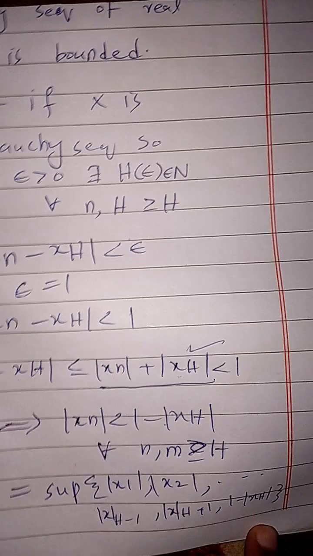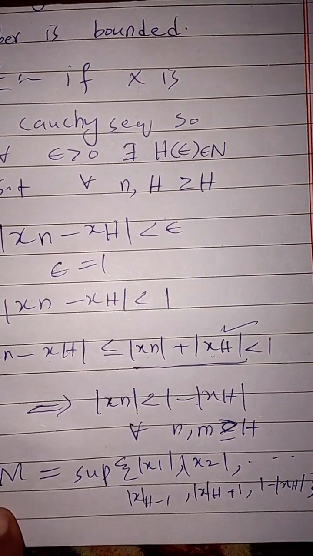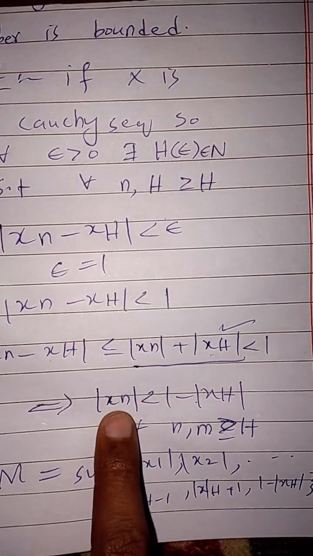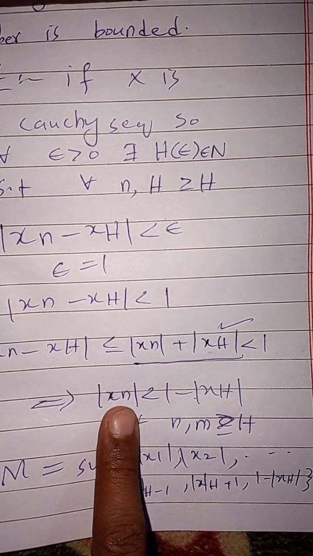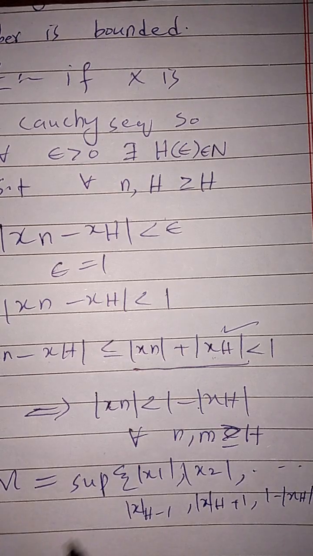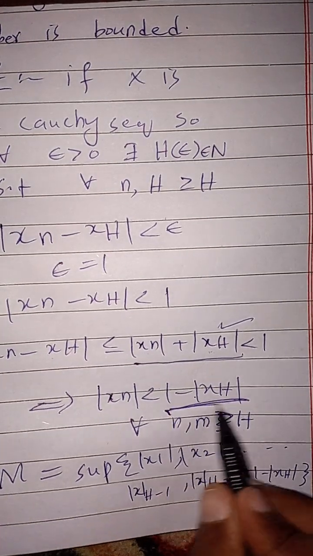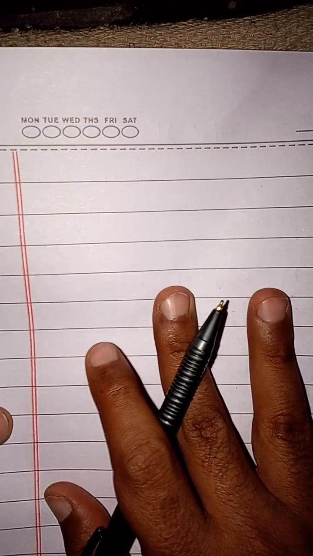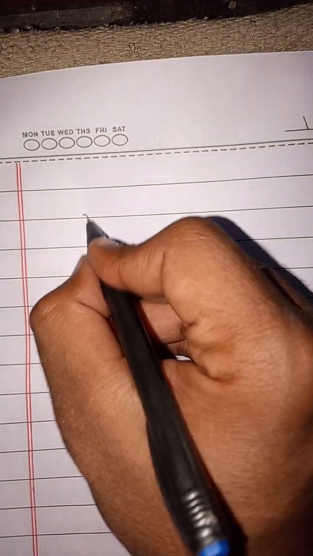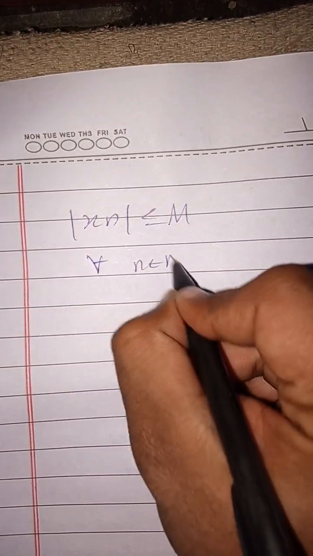So let us suppose that M is equal to the number that is greater than mod xn. Then we can write M in the place of this number, because this is equal to M. Then mod xn is less than or equal to M for all n belonging to capital N.